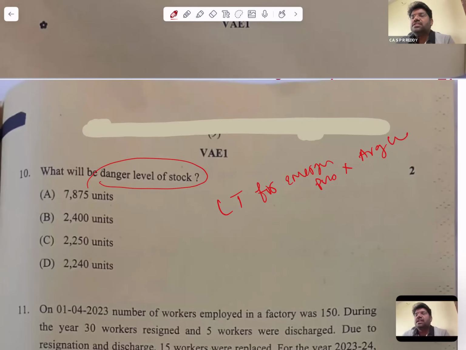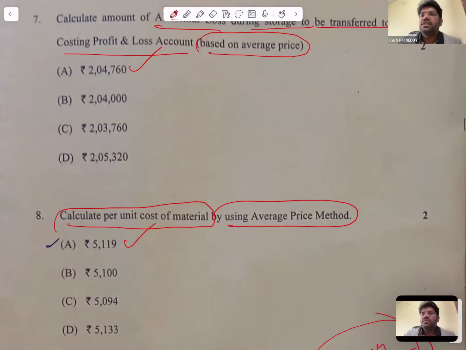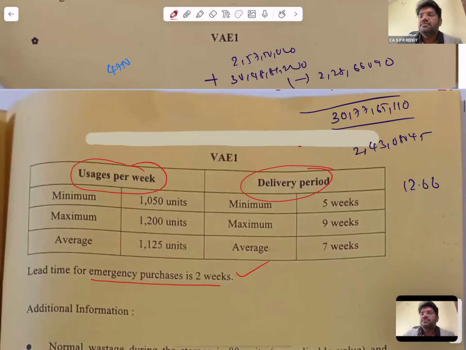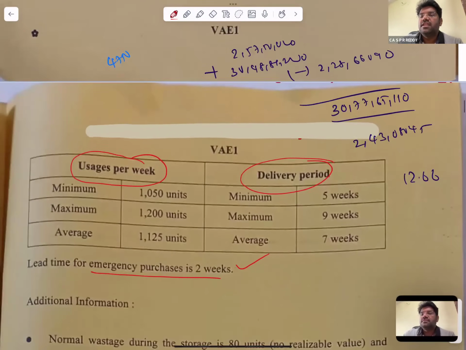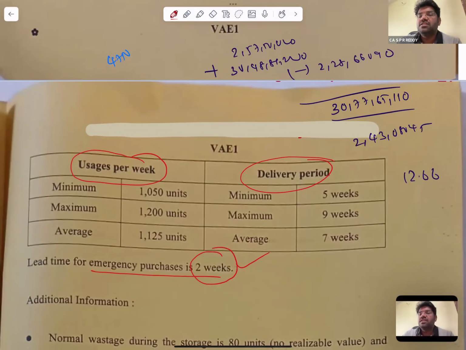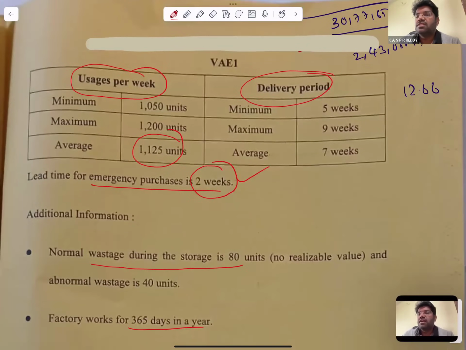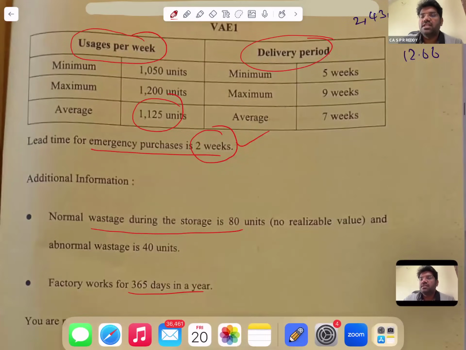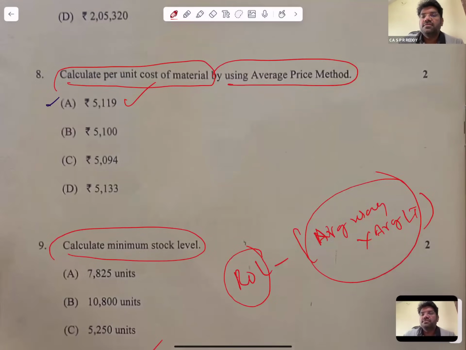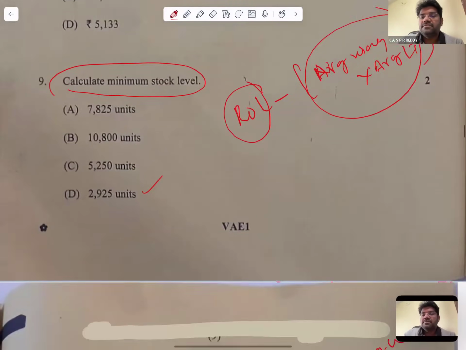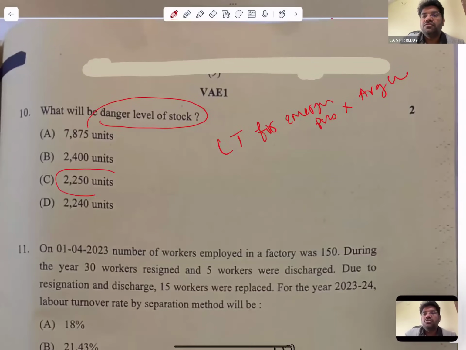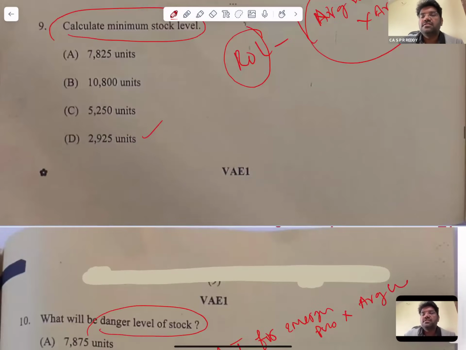What is the lead time for emergency purchase given here? You can see clearly it is given as 2 weeks. What is the average consumption? 1,125. So 2 into 1,125 is 2,250. That is the right option. So C is the right answer.